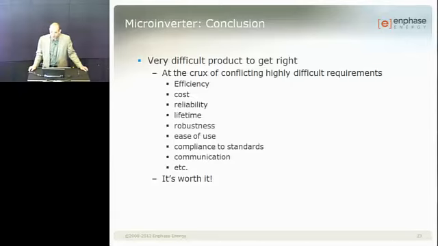We have limited resources, of course, so we work for the bulk of the market, right? And right now, the bulk of the market is 60-cell silicon modules. Over 99% of our cells are in there. We can work with any type of module as long as the voltage and power range are in the ballpark, right?